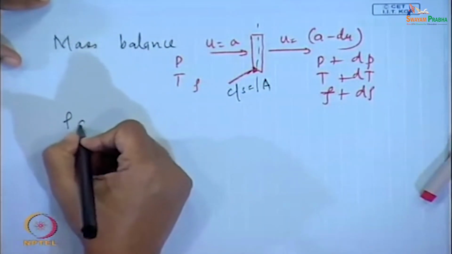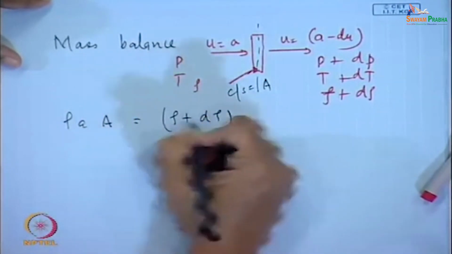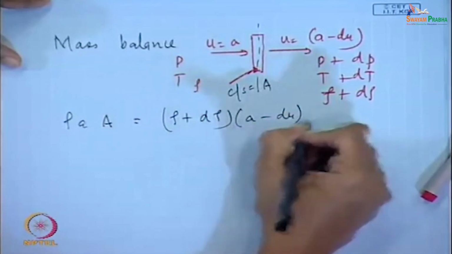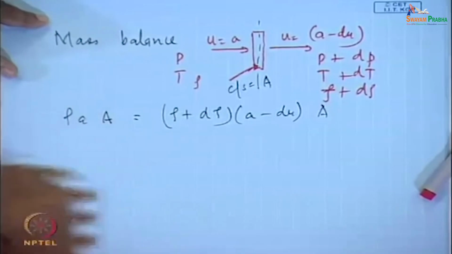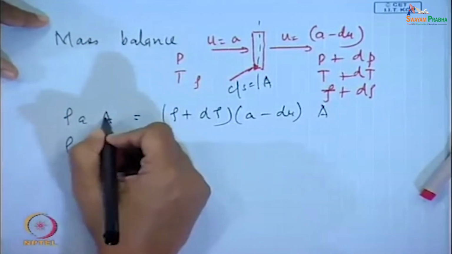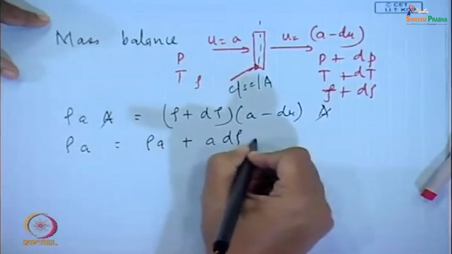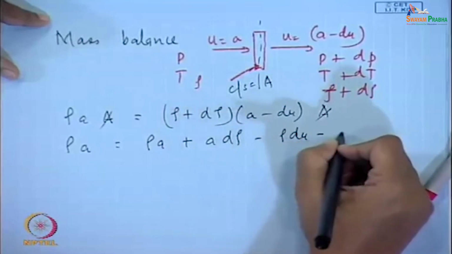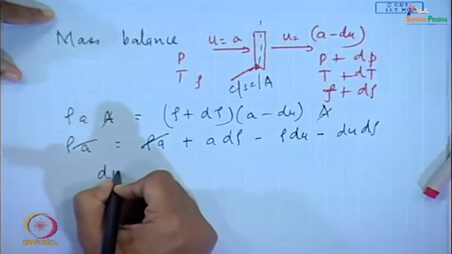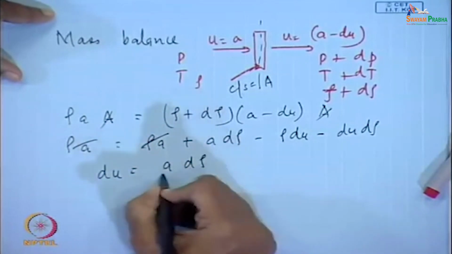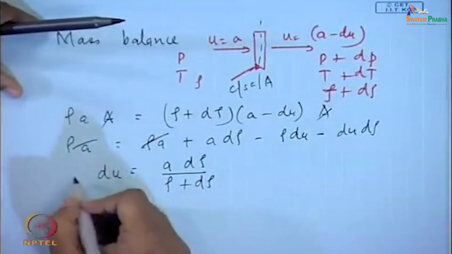Mass entering is rho A, mass going out is rho plus d rho, A minus du, A. Any portion you do not understand, you can just tell me to repeat it. So, A cancels out, this gives rho A plus A d rho minus rho du minus du d rho. The last term cancels out, and we get du equals to A d rho by rho plus d rho, is it not? This is what we get.